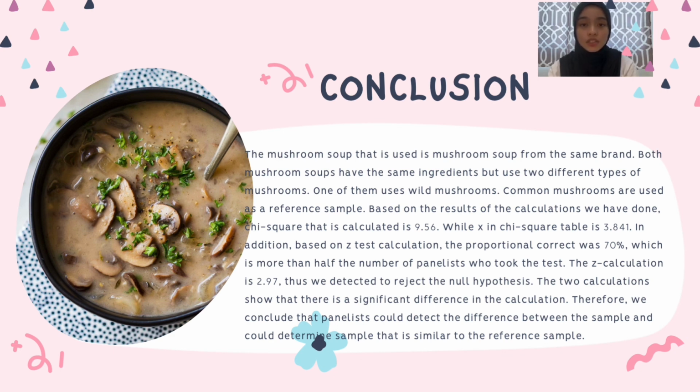The Z count is 2.97, so we reject the null hypothesis. Both calculations show that there is a significant difference. Therefore, we conclude that the panelists can detect differences between samples and determine which samples are similar to the reference sample.